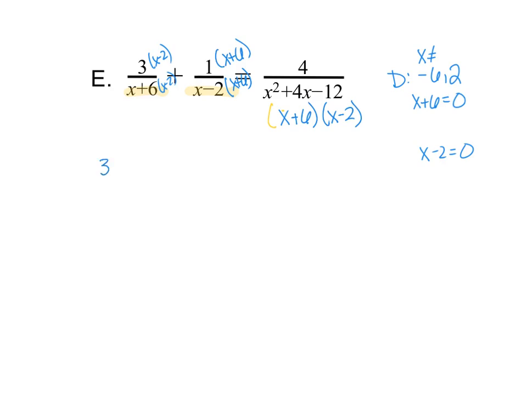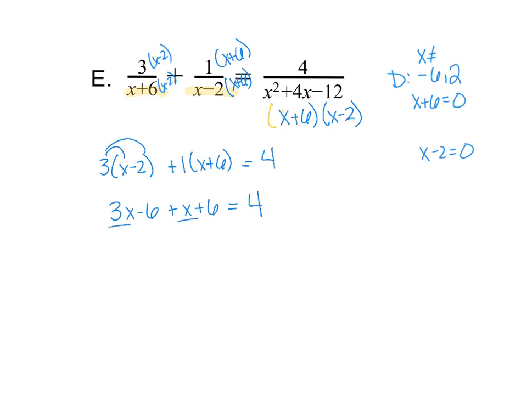Now that I have my domain, I'm just going to rewrite what's left on top because the bottoms are no longer needed. So now I have 3 times x minus 2 plus 1 times x plus 6 equals 4. I can distribute: 3x minus 6 plus x plus 6 equals 4.